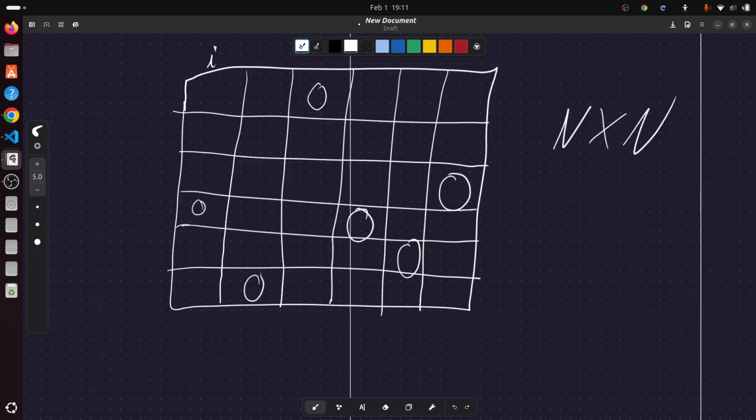Now one thing to observe in this problem, it's just intuition: you can only move coins upwards, right? You cannot move them downwards.